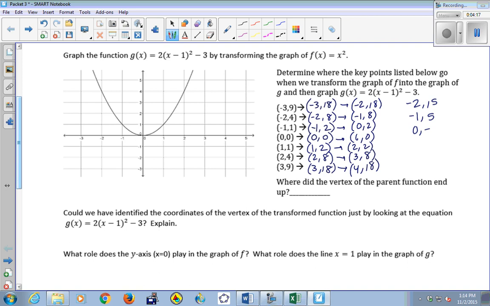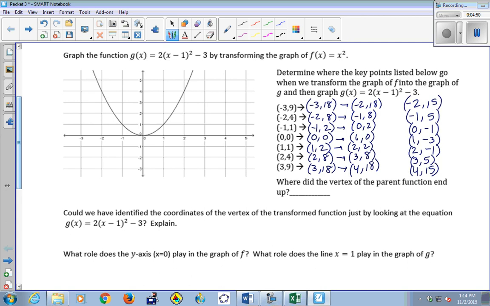I'm sorry. So it was 0, 2, right? And it's going to become 0, negative 1 when I subtract 3. 1, 0 becomes 1, negative 3. 2, 2 becomes 2, negative 1. 3, 8 becomes 3, 5. And 4, 18 becomes 4, 15. So I just subtracted 3 from every y coordinate.